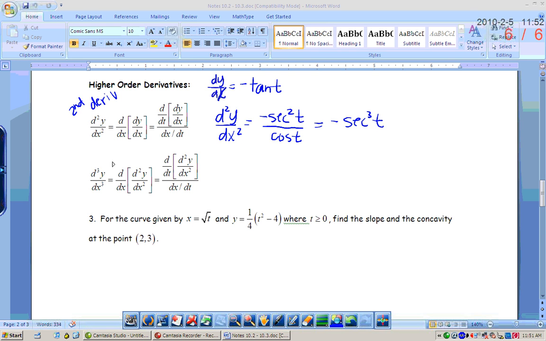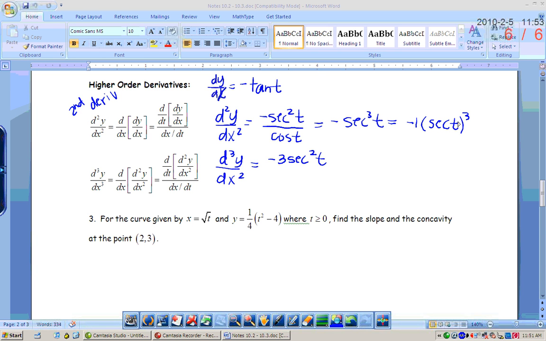It's like take the derivative of the previous one and then divide it by the original dx/dt. So for the third derivative, let's just do it again. I'm going to take the derivative of the last derivative, which would be what? Negative 3 secant squared t, because negative secant cubed is the same thing as negative 1 times the secant of t quantity cubed.